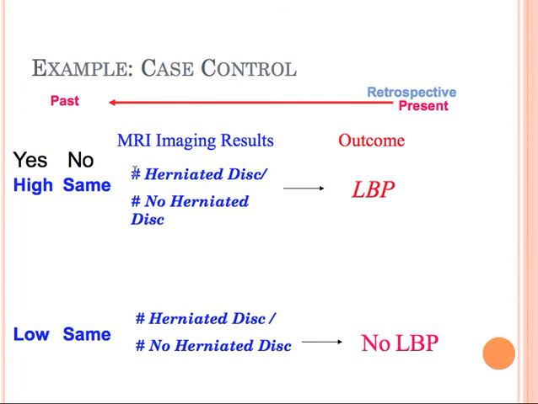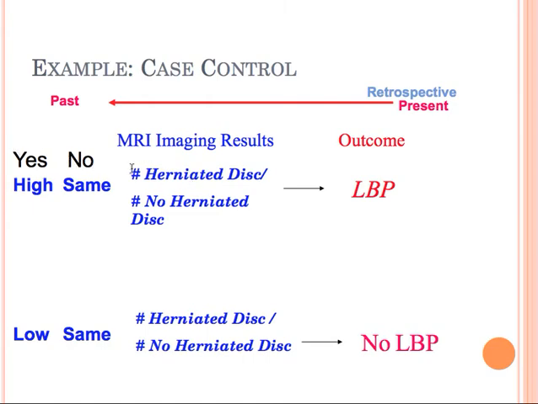So they took the number of people with a herniated disc and looked at the proportion of those without a herniated disc, and if there's a higher proportion of people with herniated disc in the low back pain group compared to the no low back pain group, then that would suggest that, yes, the herniated disc is associated with low back pain.